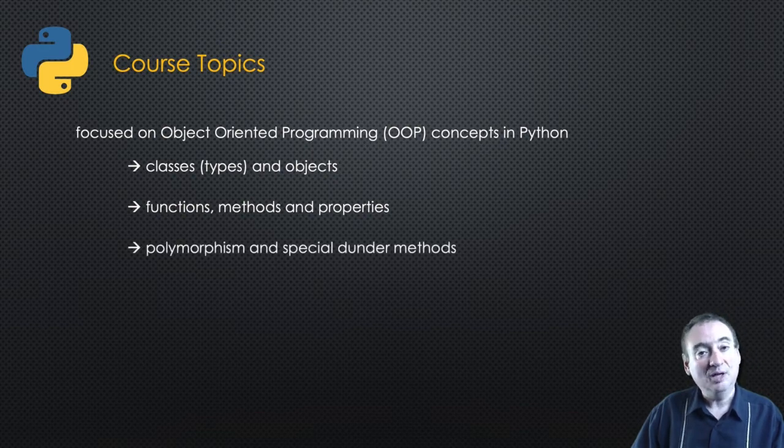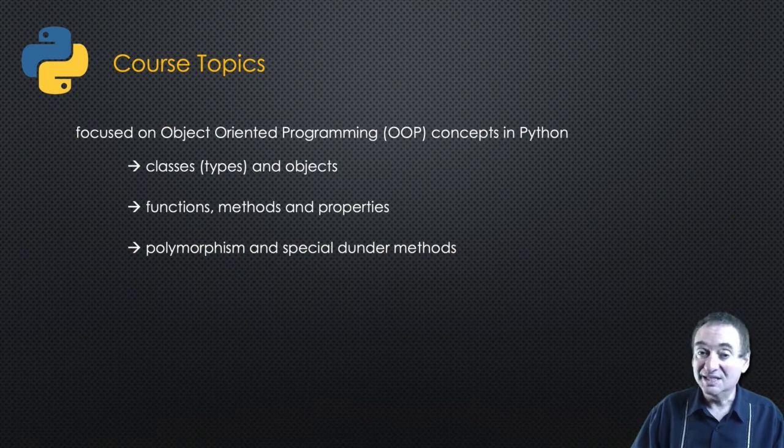We'll take a look at polymorphism, and we'll see how the special dunder methods are basically what Python gives us to provide implementations for the standard operators. So for example, we can now define what addition means between two instances of our custom classes. And that we do using the special dunder methods. And this is how we have polymorphism in Python. So we'll take a look at that in some detail.